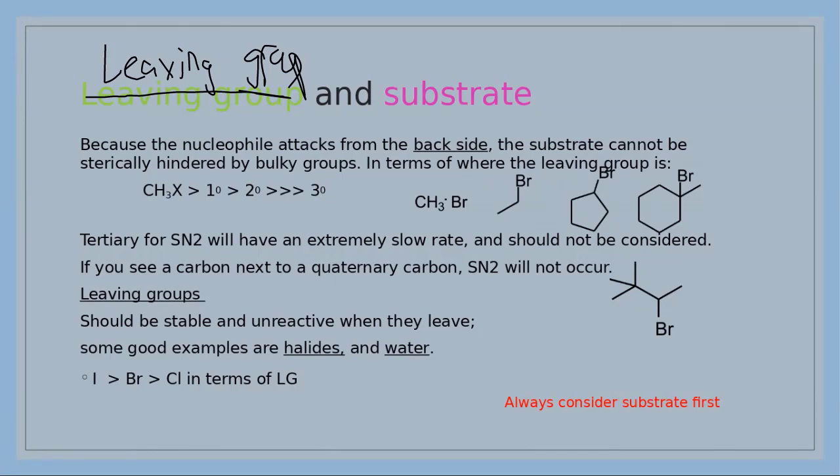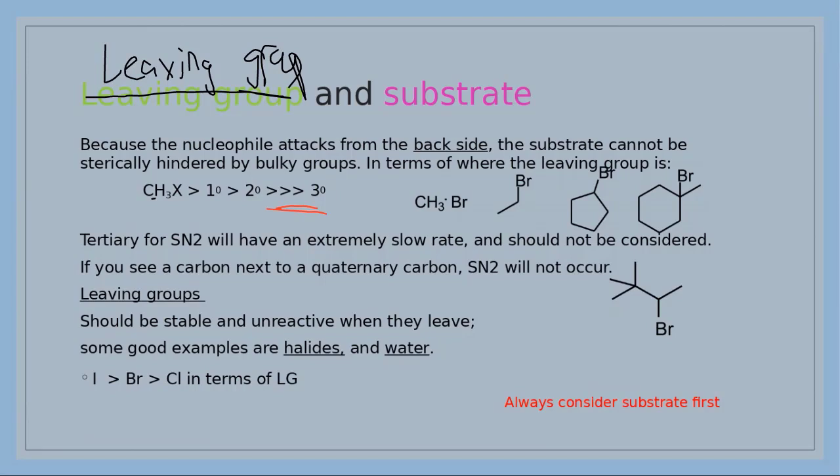So we're going to say methyl goes first, then primary, secondary. And there's going to be a huge gap before tertiary. Oftentimes we don't even consider tertiary for SN2 just because of how slow the rate of reaction is going to be.